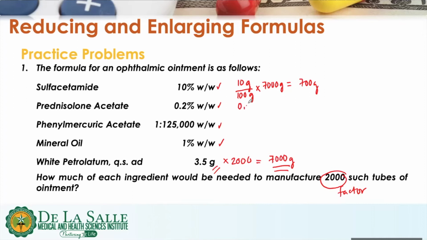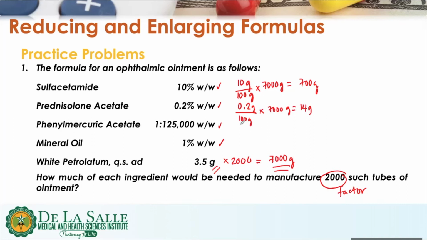For prednisolone acetate, which is present as 0.2% weight in weight, it means that we have 0.2 gram in every 100 gram of the ointment times 7,000 grams. And that will be equal to 14 grams.